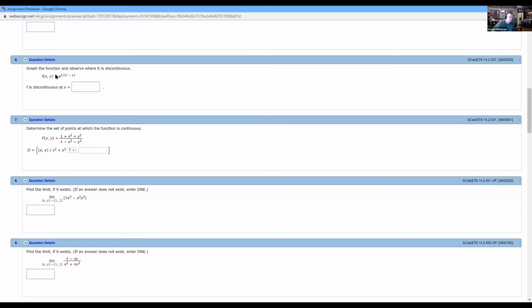In question 6, go into Desmos or GeoGebra and look for discontinuities. Okay. What does a discontinuity look like? Let's try and show you a discontinuity.